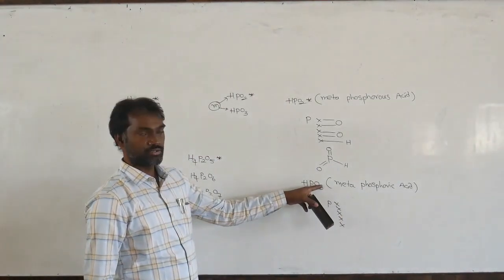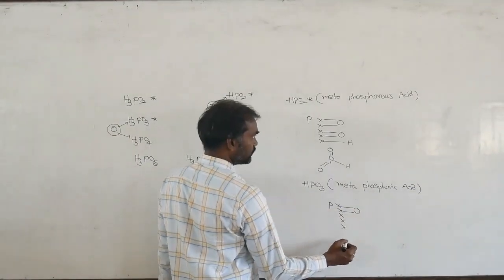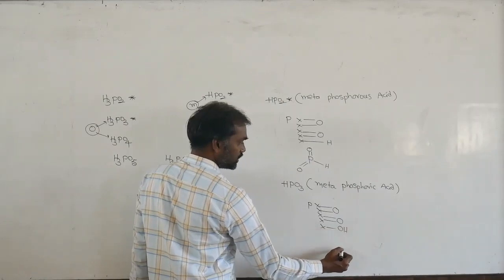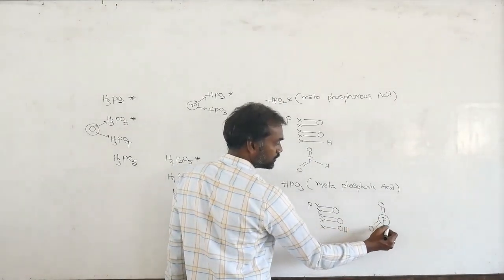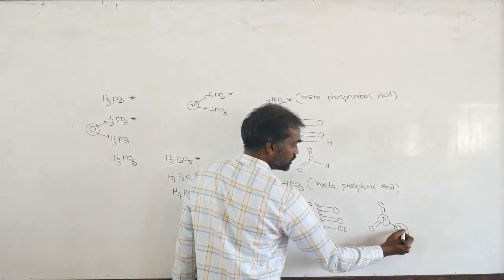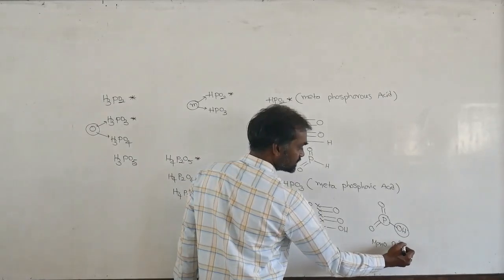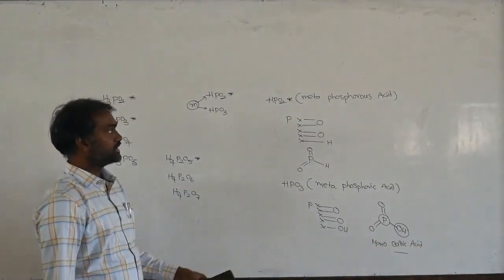It is an ic acid, no hydrogen directly connected to the center. So one double bond O, another double bond OH. So phosphorus is surrounded with 2 double bond O's and 1 OH. So 1 OH is there. So that's why it is a monobasic acid. So these are the structures.